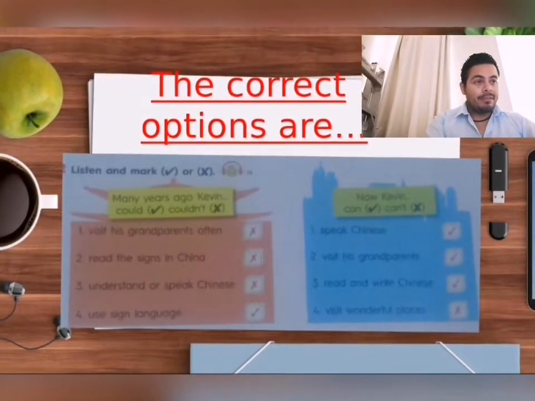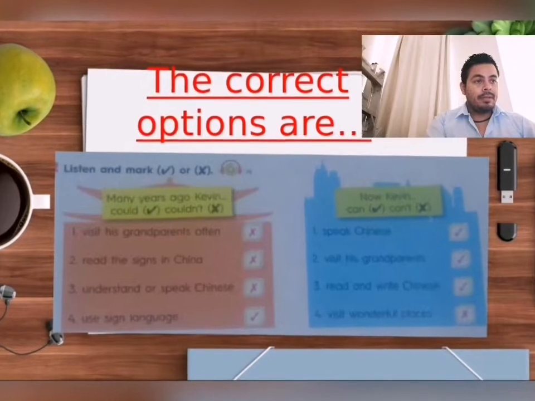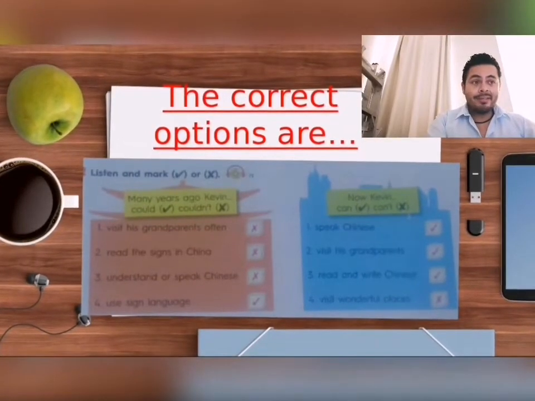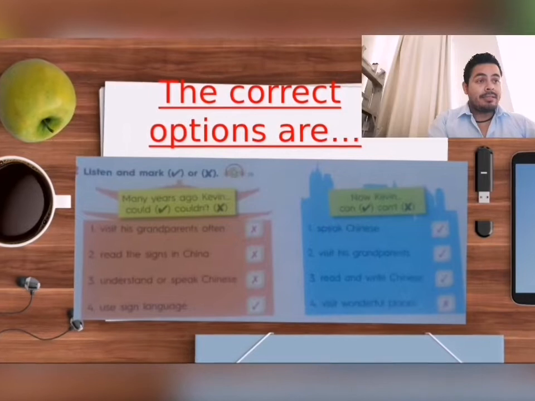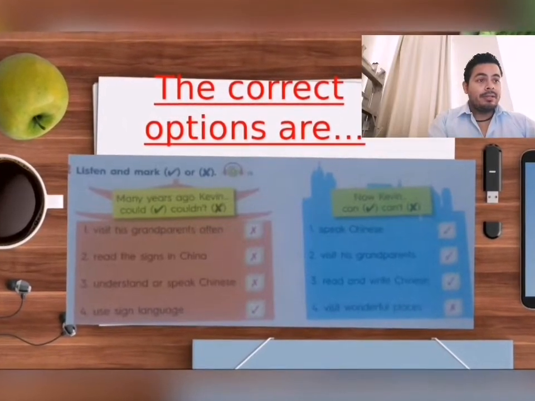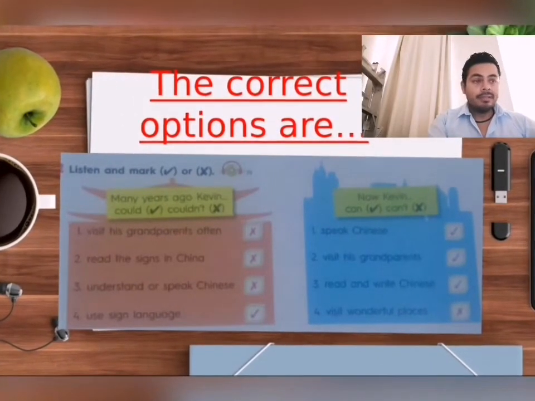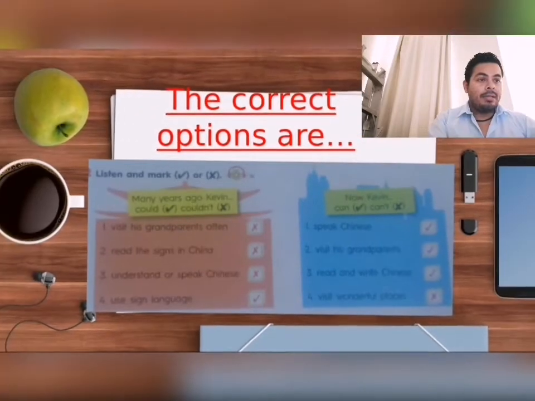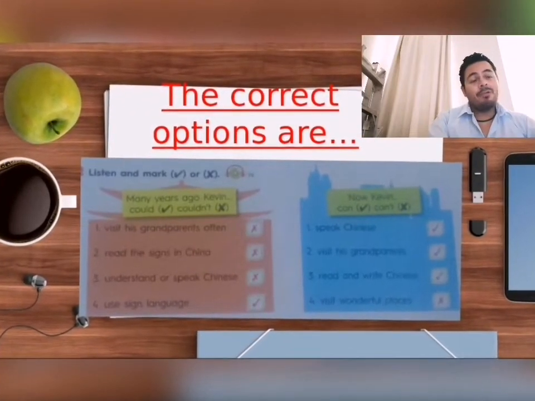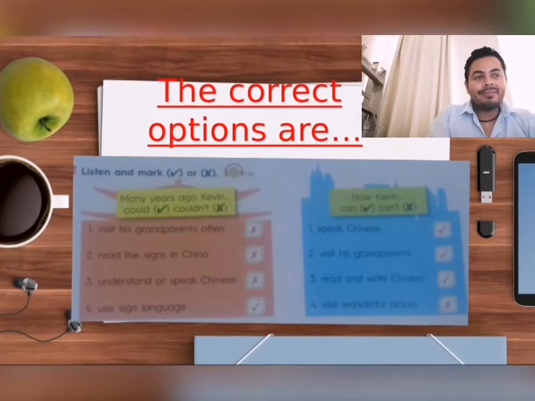And now Kevin can speak Chinese. He can visit his grandparents. He can read and write Chinese, and he can't visit wonderful places in China, right?